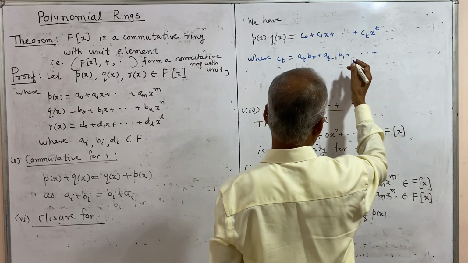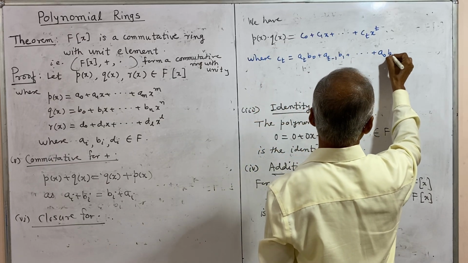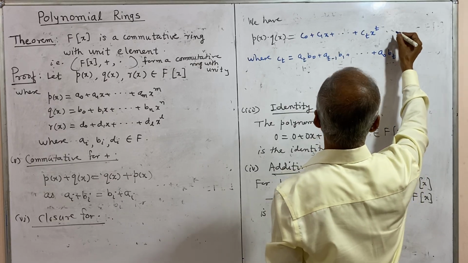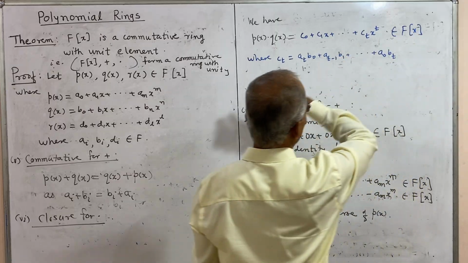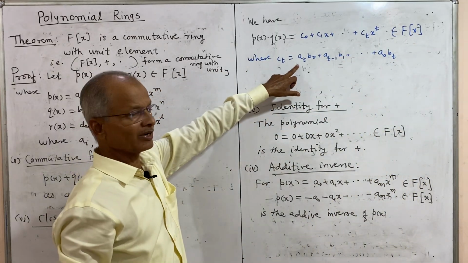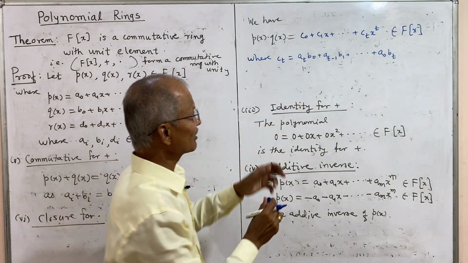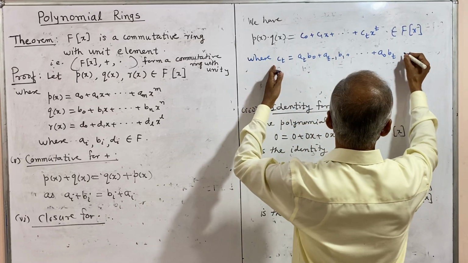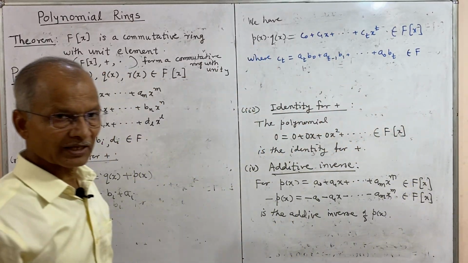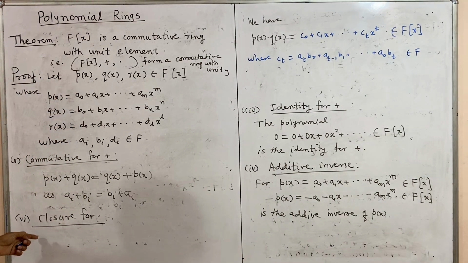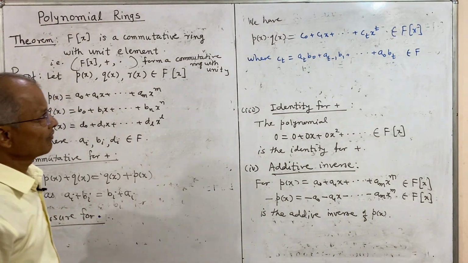We have defined it earlier. So this belongs to the set of polynomials because these are the elements of the field, and this belongs to f. All these belong to f. Therefore the multiplication is closed. So closure for multiplication we have verified.